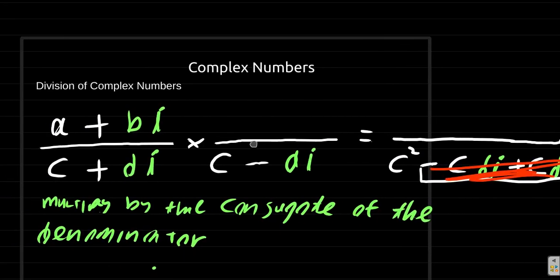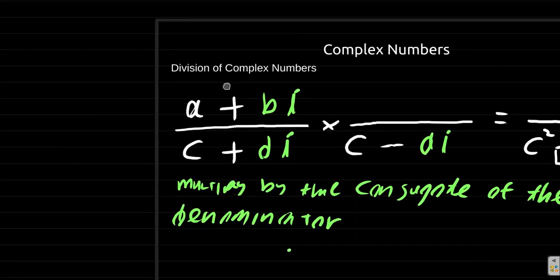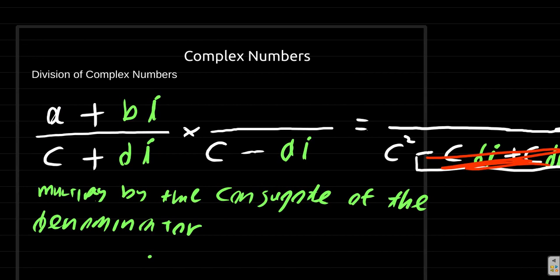Now let's see what happens up top. Right? So you have A plus BI times C minus DI up top.